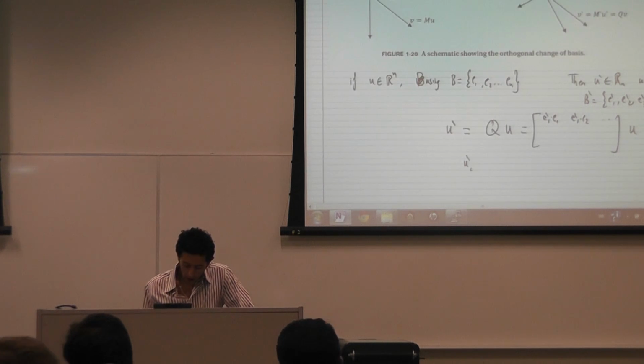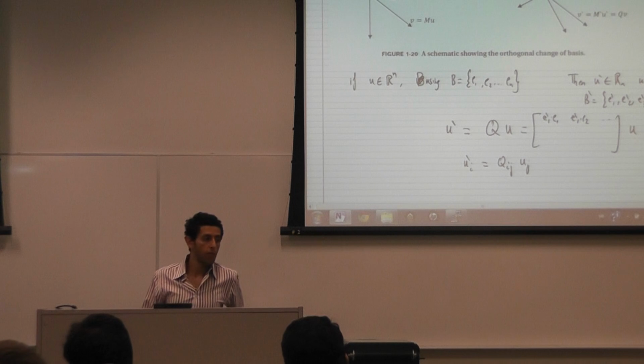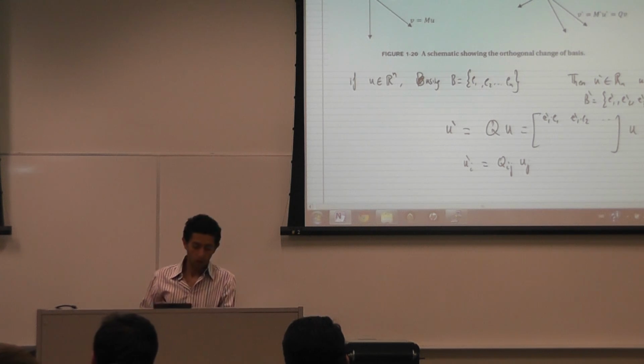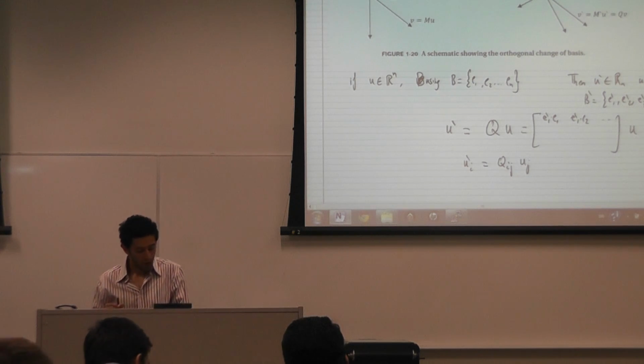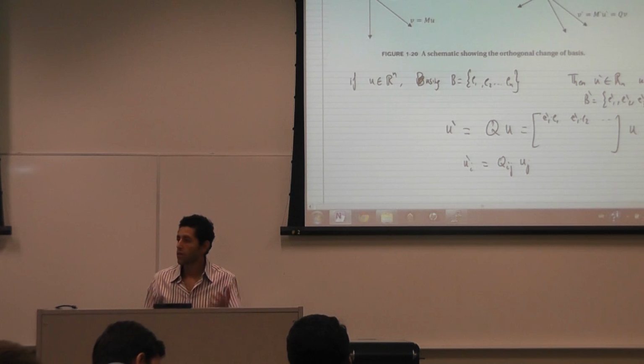U prime i is equal to Q ij uj, where summation is implied. So this is how a vector translates. This is how I translate between vectors in the different coordinate systems.